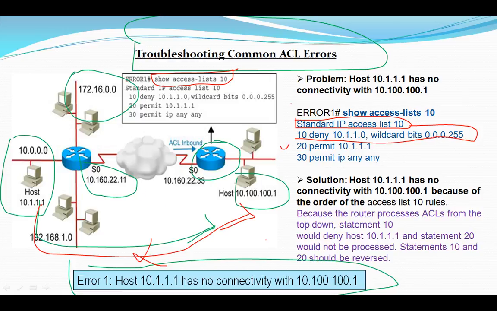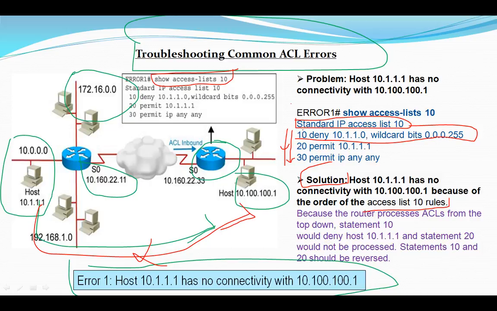The solution is here. If you see, host 10.1.1.1 has no connectivity with this one because of the order of the ACL rules. If you see, the order is coming like 10, 20, 30. Because of this order it is not able to communicate. Why? Because the router processes the ACLs from the top down.